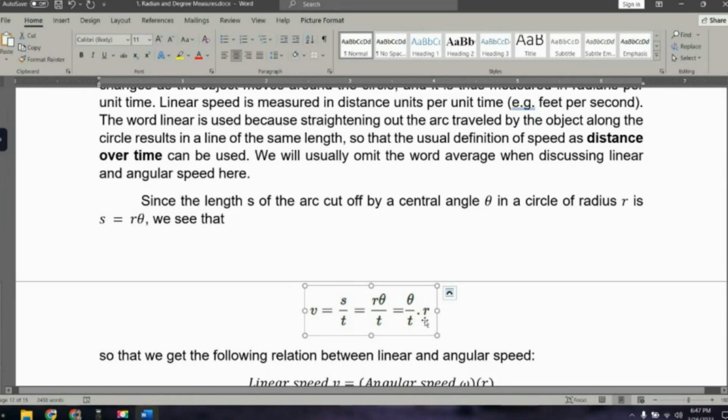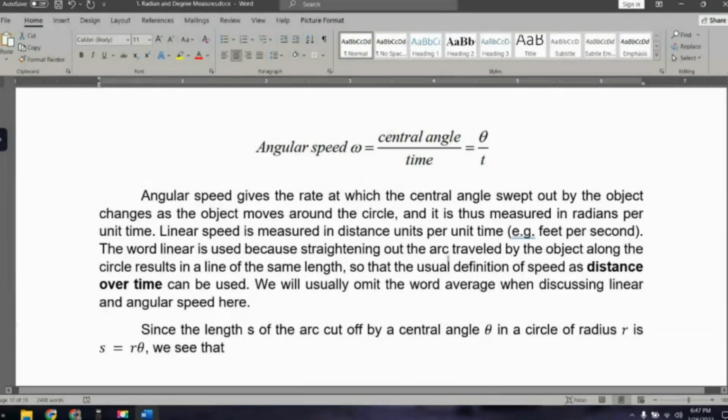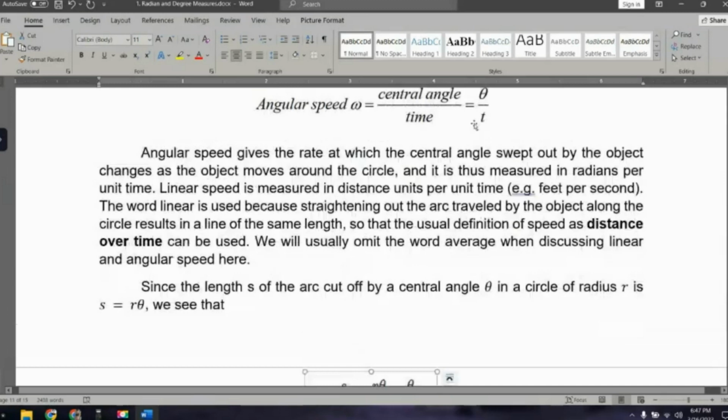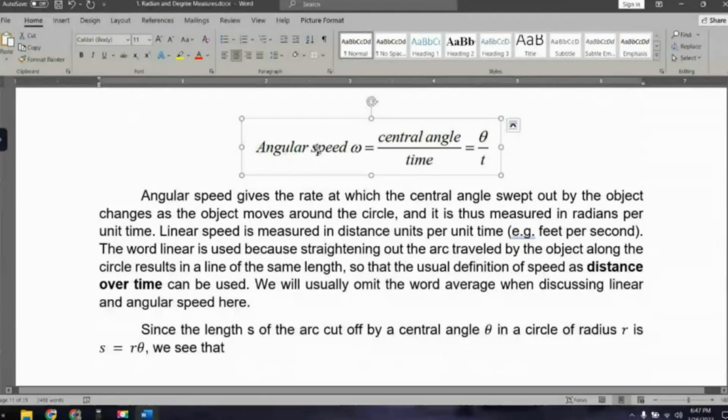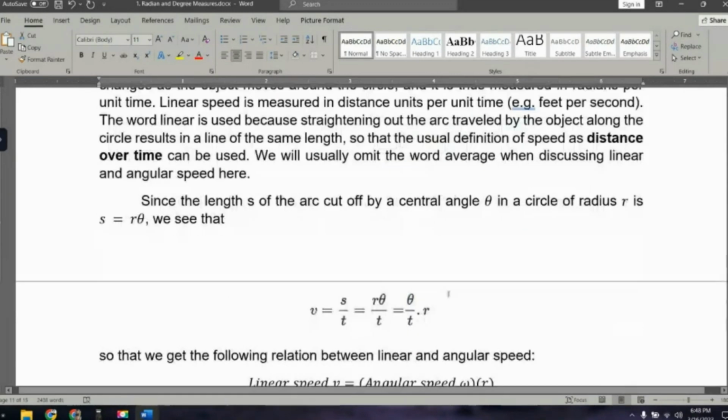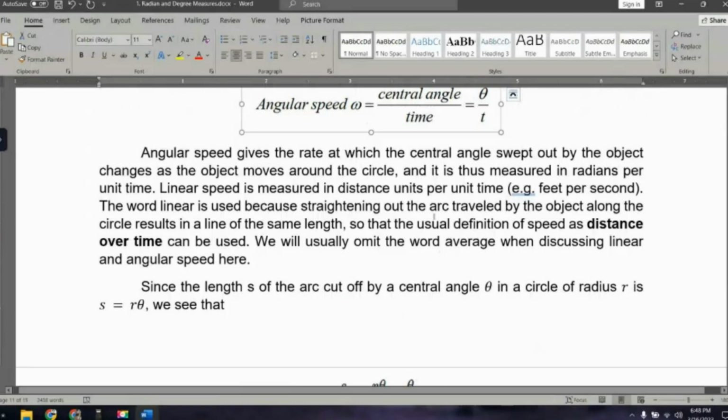And where do we see this? Where can we find this value? Okay? That is your angular speed. Theta over time. See? Theta over time is basically our angular speed.